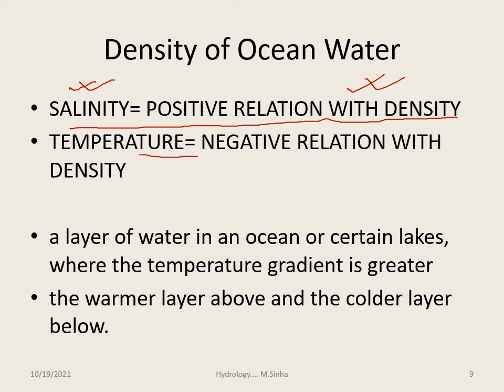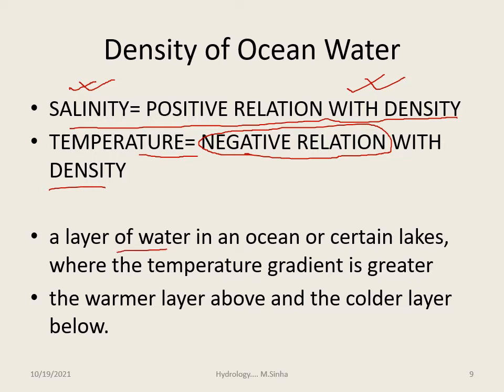And temperature and density are negatively or inversely related. So with the increasing of temperature of the ocean water, density falls, and with the falling of the temperature, the density will rise. So there is an inverse relationship.